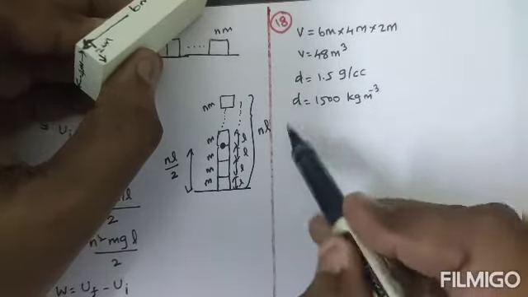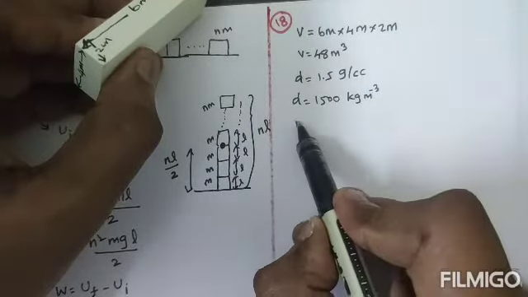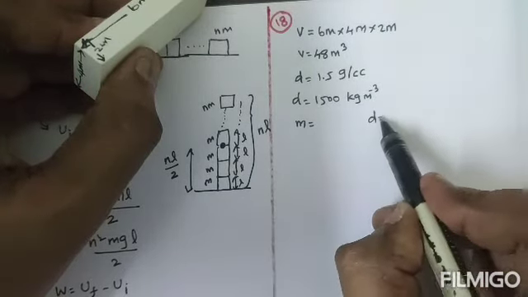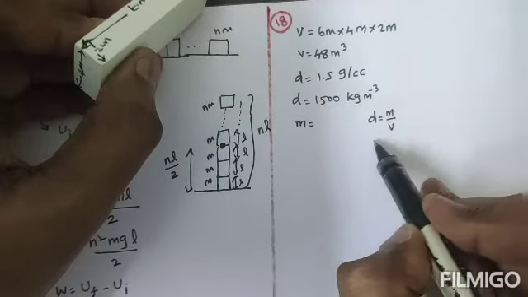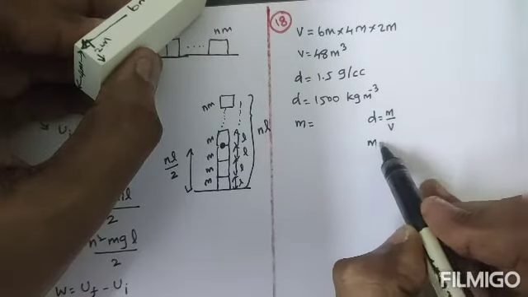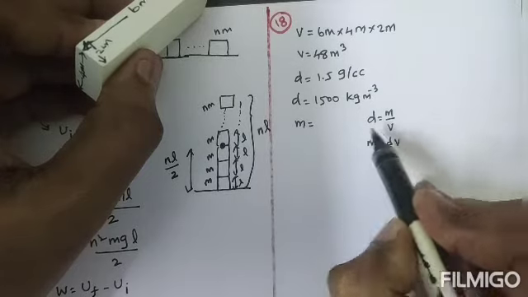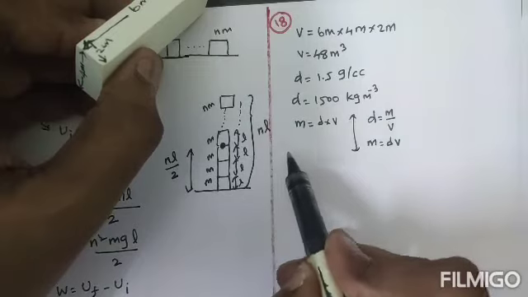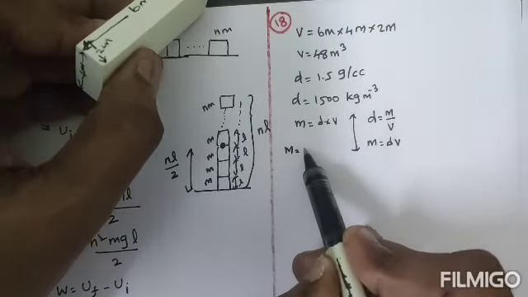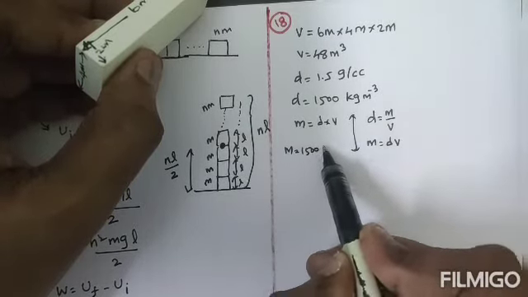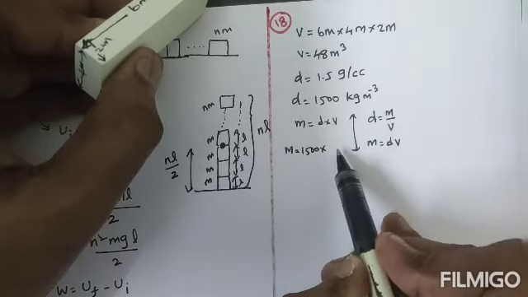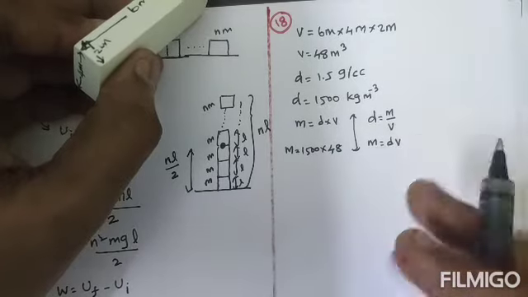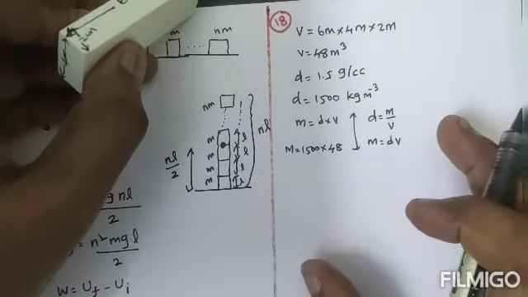Density is equal to mass by volume, therefore mass is equal to density into volume, 1500 into 48 meter cube. Now the mass value is over.